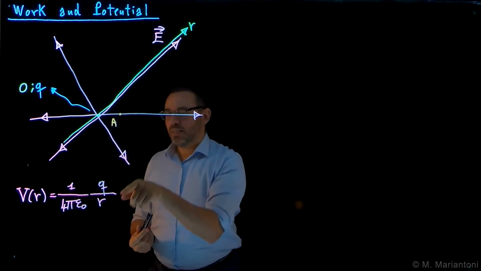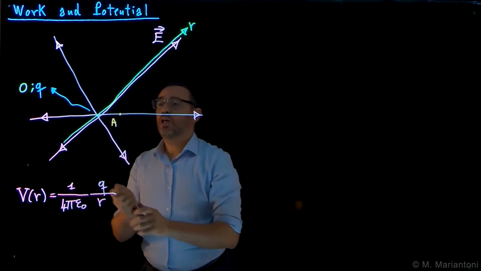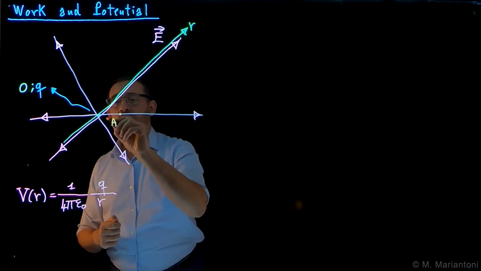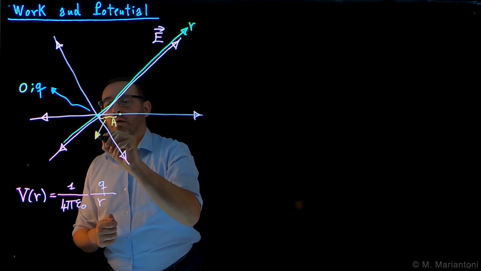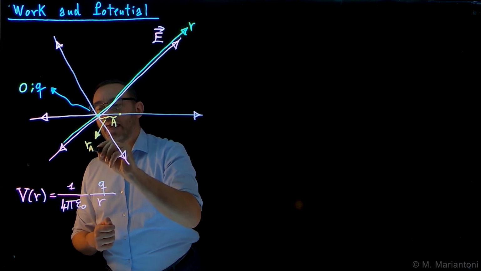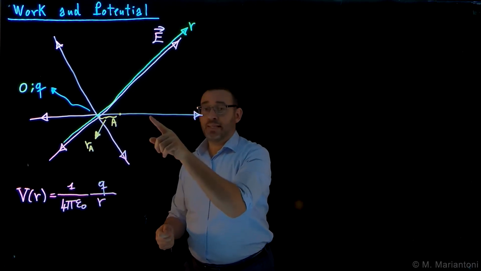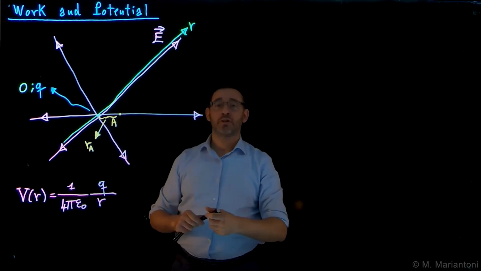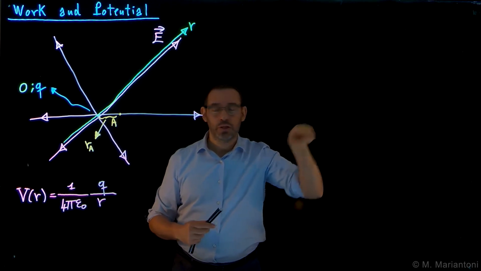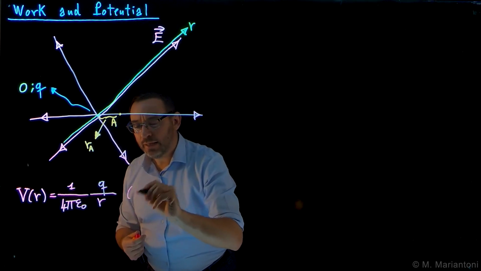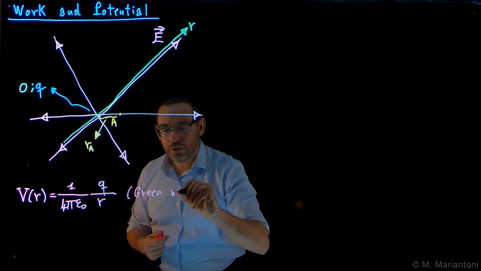If we fix ourselves at this point capital A, which is at a distance RA from the origin, so this distance here is RA, and we compute the electrostatic potential at that point, and note that this electrostatic potential is a specific one where we have chosen the arbitrary constant C to be equal to 0. That is, this is a Green function for normal conditions.